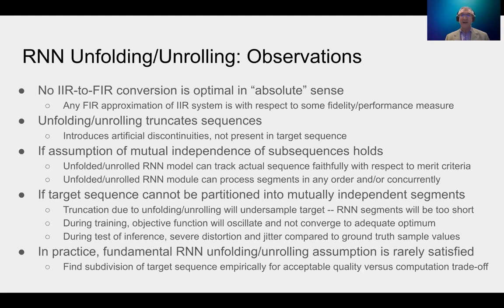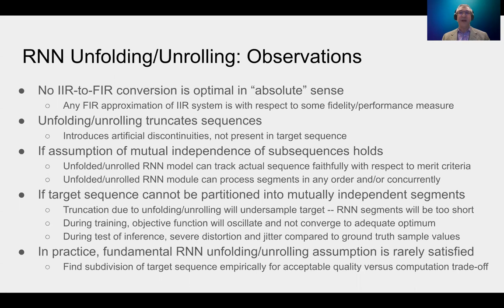Essentially, the RNN segments of the unrolled model will appear too short and fail to fit any portion of the target sequence. The ramifications are that training will take a long time or fail to converge altogether, and inference will be plagued by distortion as compared to the actual signal.